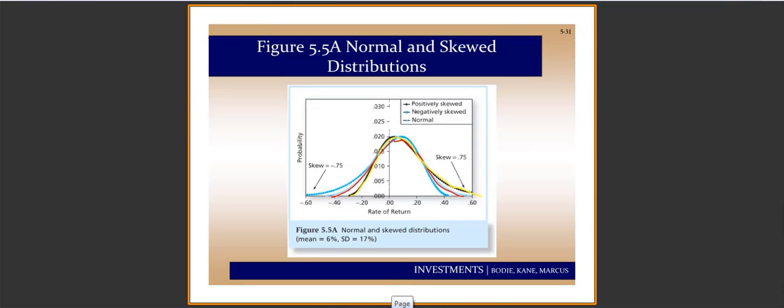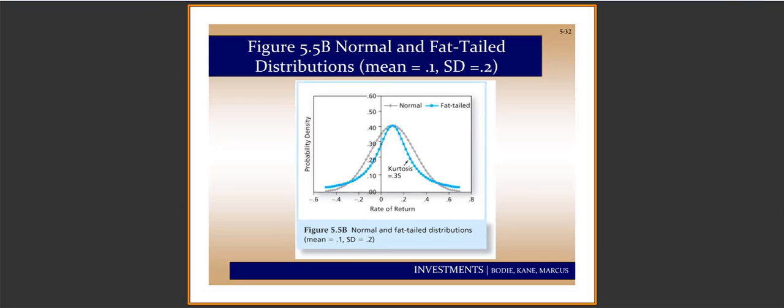Again, I probably should have left this one alone, but you can find in here a positively skewed, a negatively skewed, and a normal distribution. You can also see a distribution that is affected by kurtosis, and kurtosis has to do with the tails, the fatness of the tails.